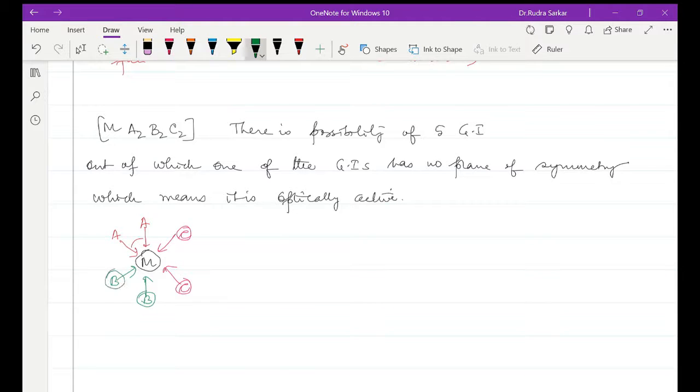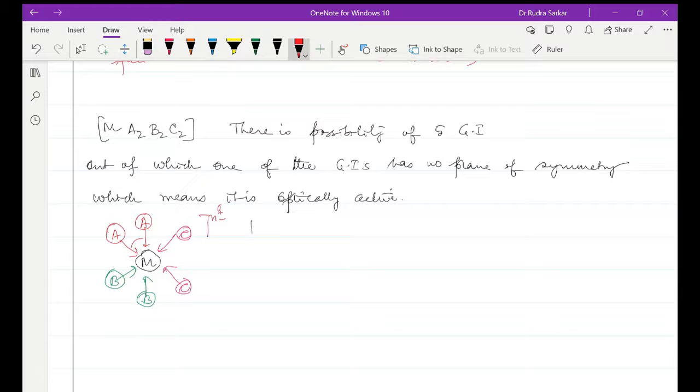Once we do it, what we will realize is this particular molecular arrangement has no sigma plane of symmetry possible for it.